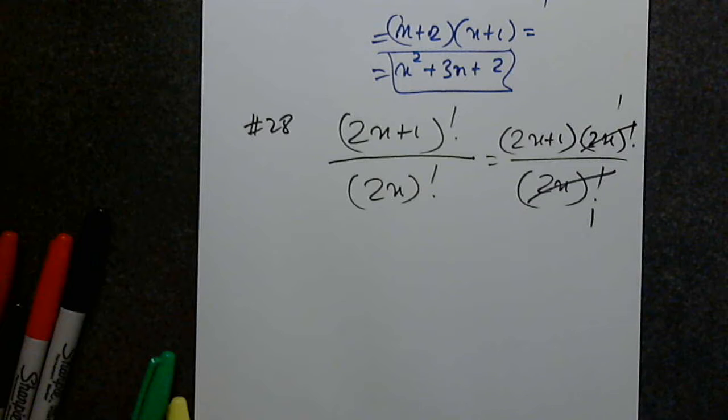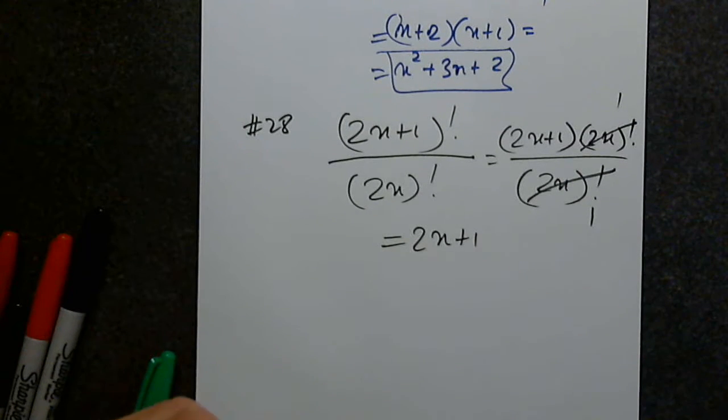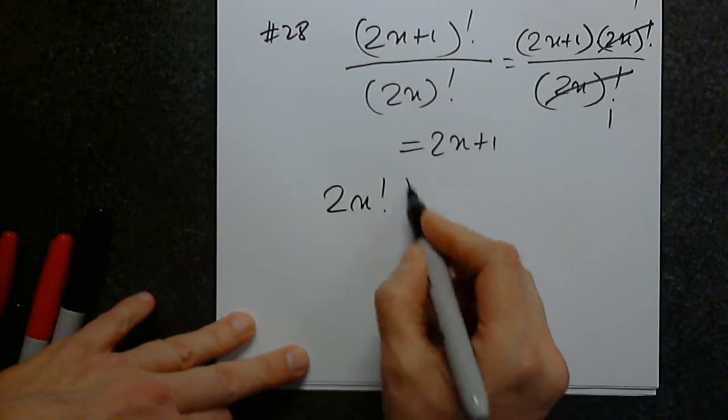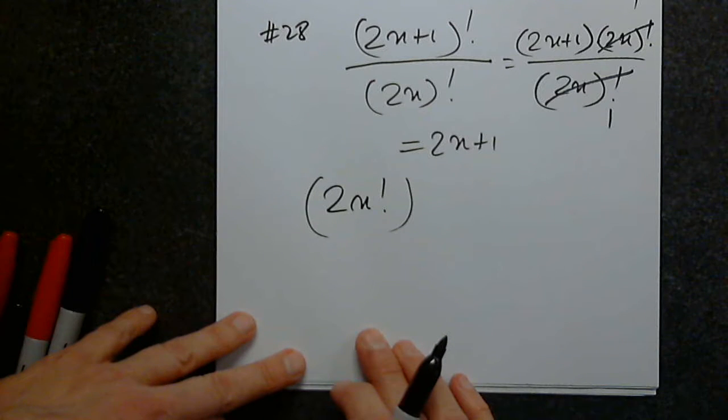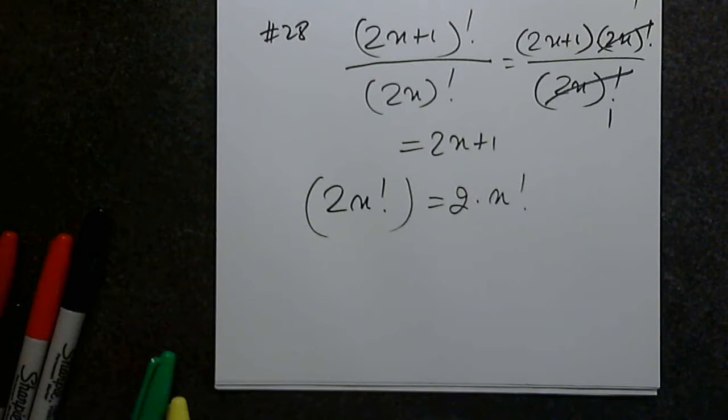Because 2n plus 1 minus 1 would be 2n. So the answer is just 2n plus 1. Any questions? Yes, this would be a factorial in the parentheses, but only n is factorial, not 2n. So this is simply 2 multiplied by n factorial.